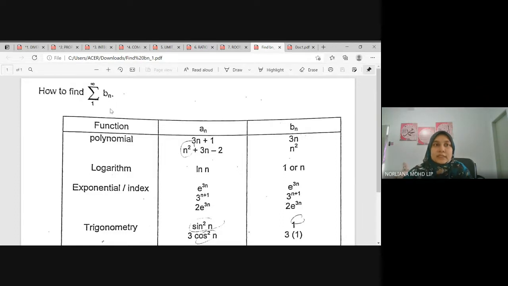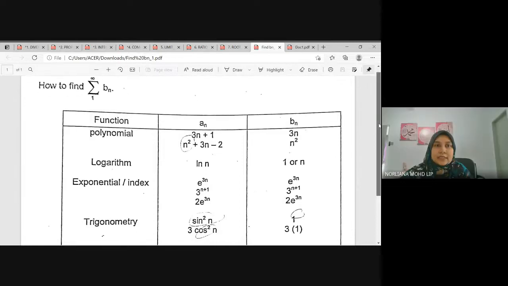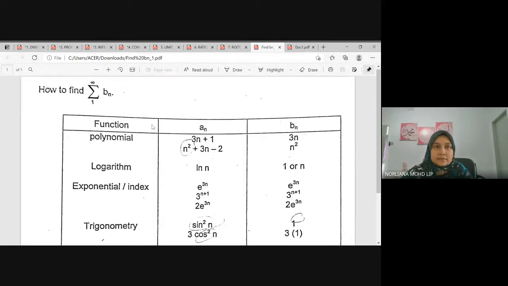Ada nampak tak yang dekat Google Classroom? Yang last sekali. Dokumen yang last sekali. Nampak. Okay, nampak kat sini. So macam mana nak pilih? Okay, kita refer kepada table ni. How to find bn, the series of bn.